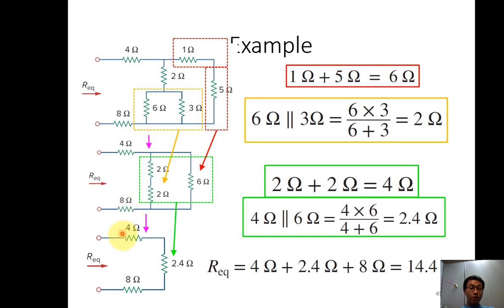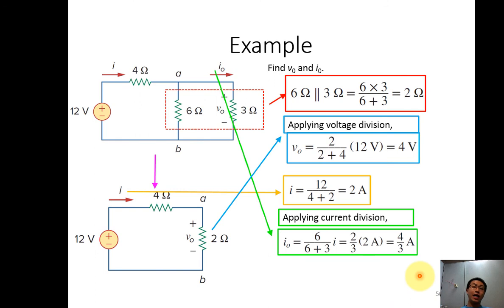So 4, 2.4, 8. Then this is the equivalent resistance of 2.4. So my total equivalent resistance is 4 plus 2.4 plus 8, which becomes 14.4 ohm. So can we see how we apply the series resistor and also parallel resistor? So this is how we do that.